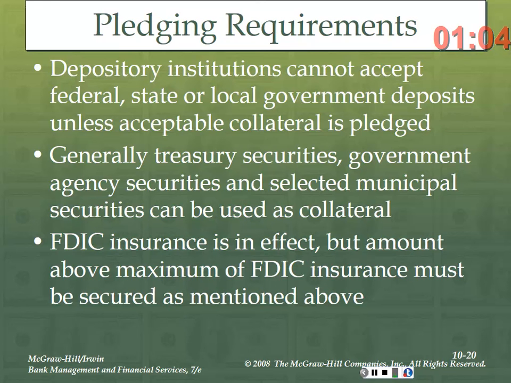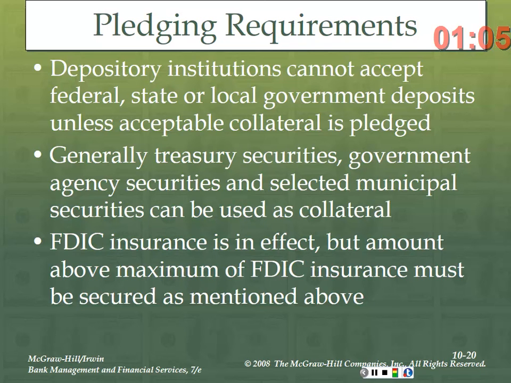So the bank legally has to pledge securities so that if something goes wrong and that bank collapses, or the CEO of the bank embezzles millions of dollars and runs off, the bank has to pledge U.S. government securities or bonds against the tax money.